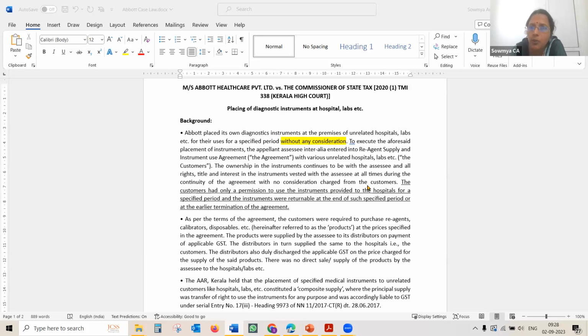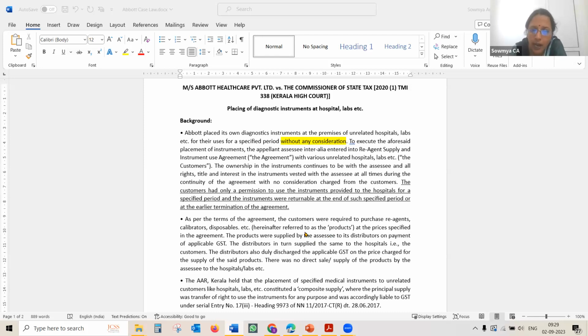So the instrument will be placed at all the hospitals, and the hospitals are at liberty to use the instrument in a way they want it. And at the end of the term, they are supposed to return the instrument to ABOT. But there is no consideration that is going to be charged from the customers.